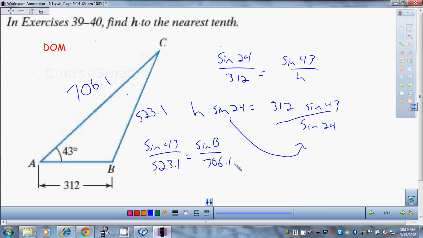Everything's looking great right now. However, when you cross multiply and divide, so it's going to be 706.1 times sine 43 equals 523.1 sine of B, correct?